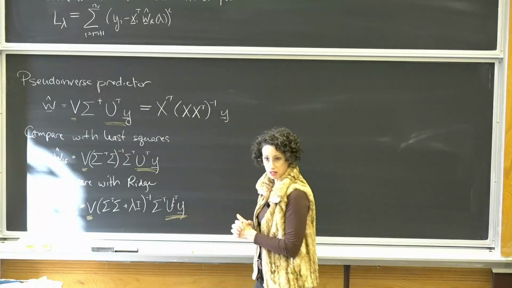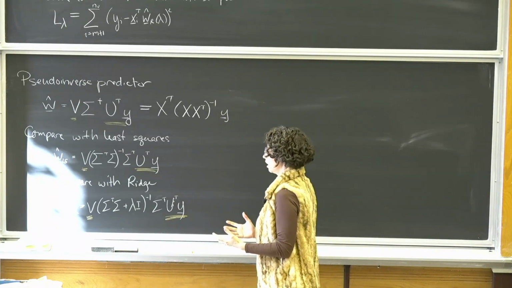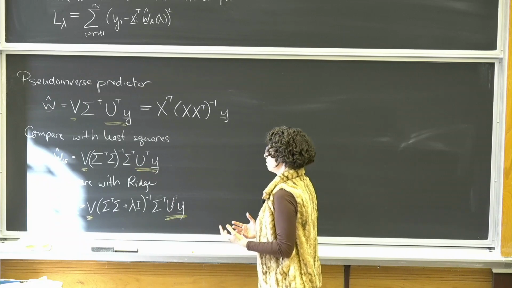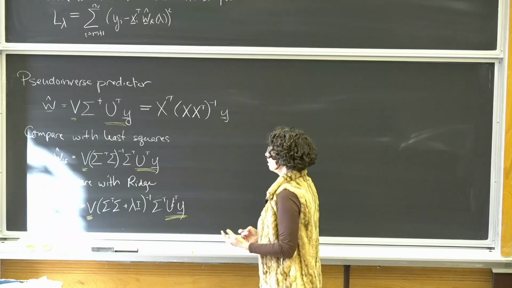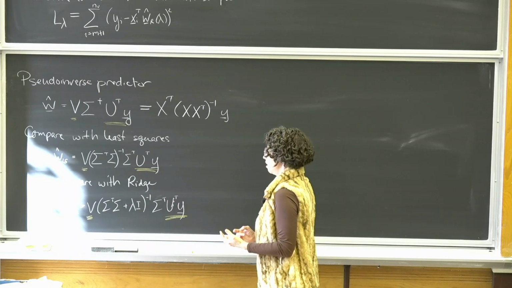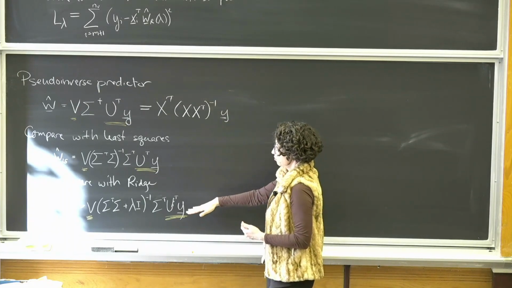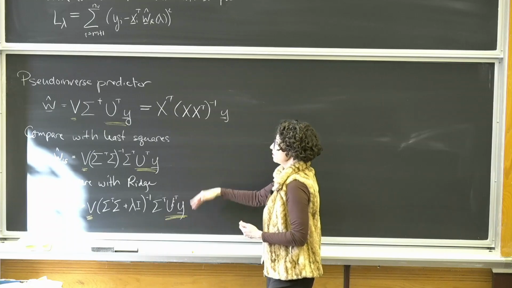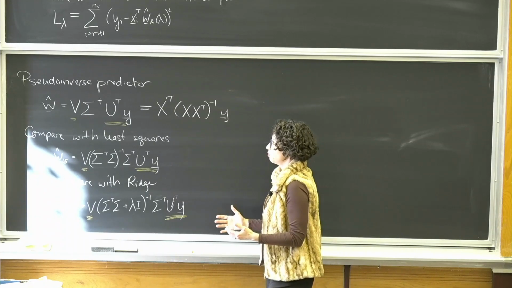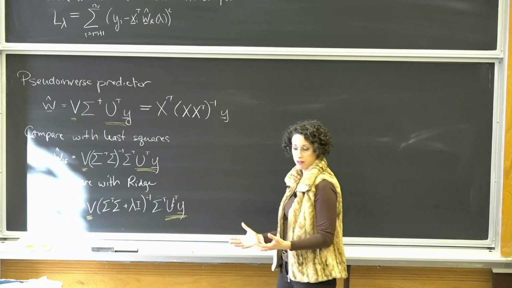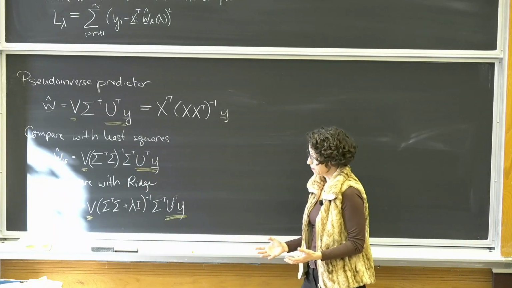So it is doing something different. At the same time, it is conceptually very similar in the sense that in both the pseudo-inverse setting and the ridge regression setting, we potentially have more than one weight vector that could be equally good fits to our training data.